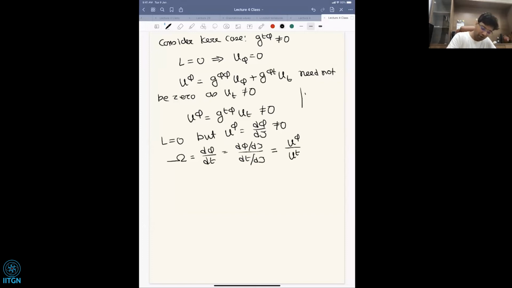Remember that u alpha equals dx alpha by d tau. So u phi equals dx phi, which is just d phi by d tau, and ut, dx0, is dt by d tau. So remember this, very insignificant sometimes, but important nevertheless.